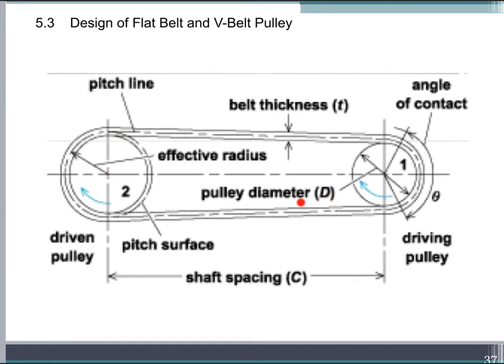And then we have the pulley diameter and the distance from the center of one pulley to the center of another pulley, which we call the shaft spacing, with the symbol C.